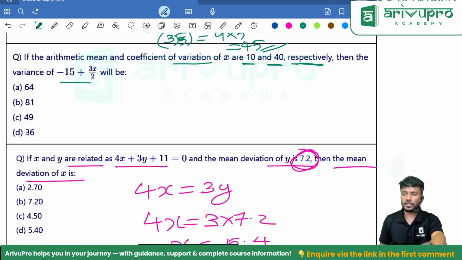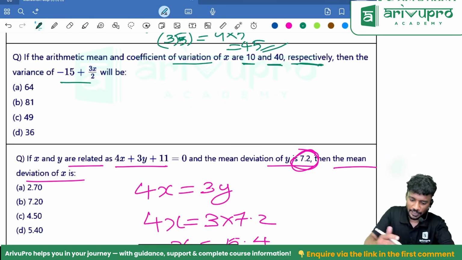Done? 36? Is that 36? Okay. We will check whether it is 36. Okay, together we will try.